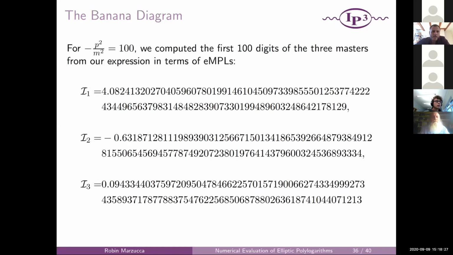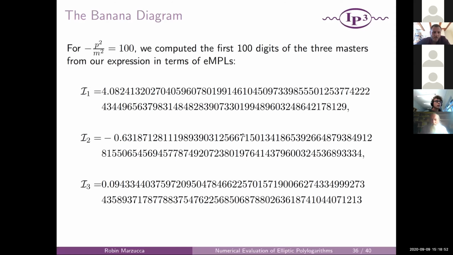We evaluated it for the ratio minus p squared over m squared equal to 100, and I computed the first 100 digits. I'm showing you the first 100 digits of the 3 master integrals at this value, which of course we could cross-check using the expression in terms of iterated Eisenstein integrals that we had.